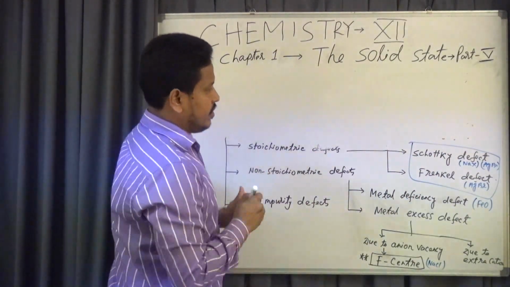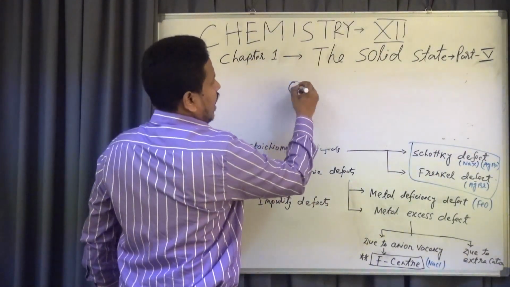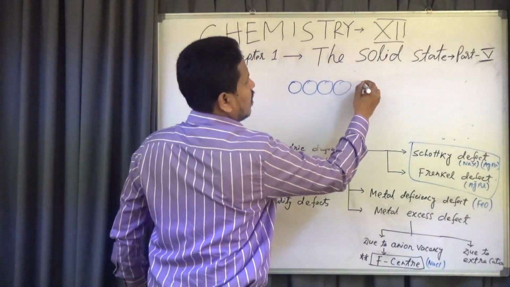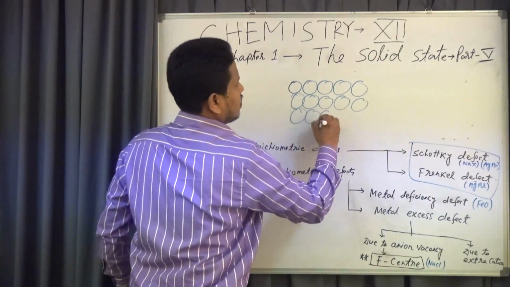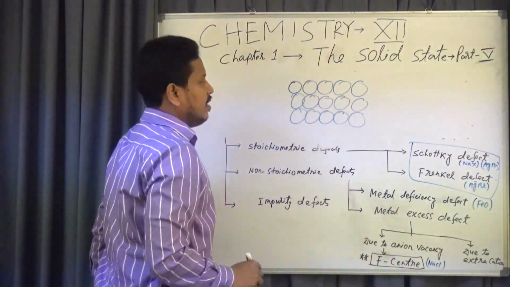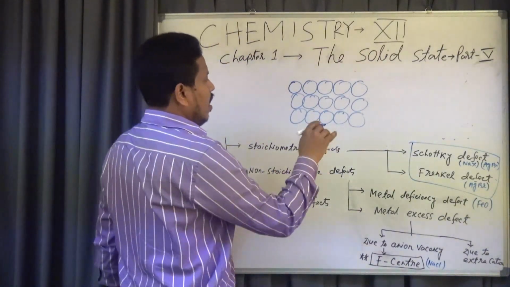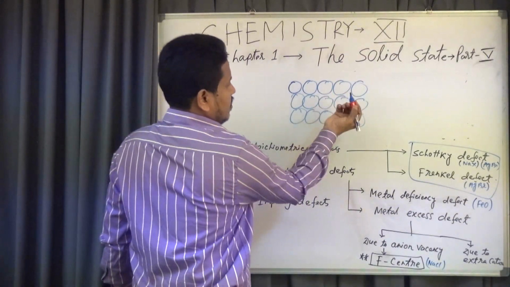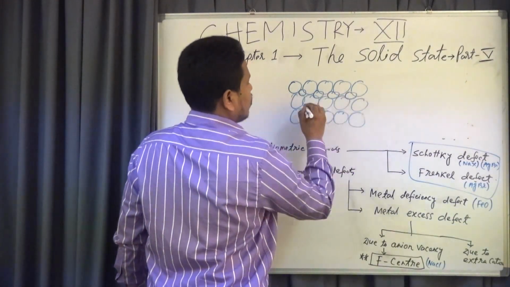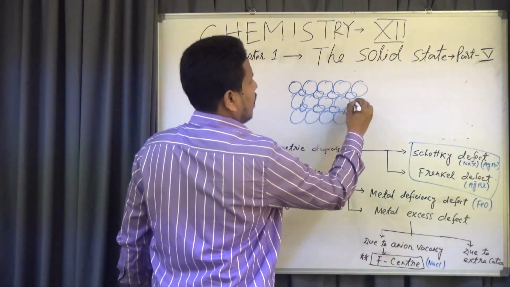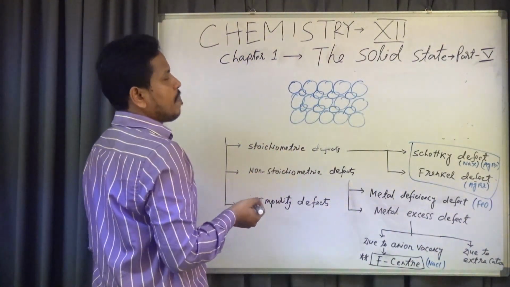in ionic solids, let these be the points in the lattice structure. These are the small ions, cations.